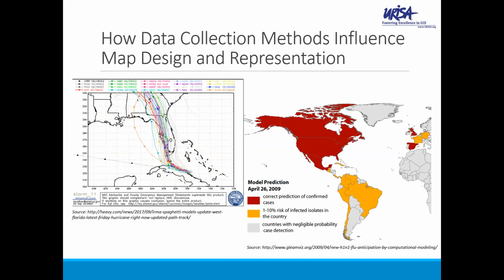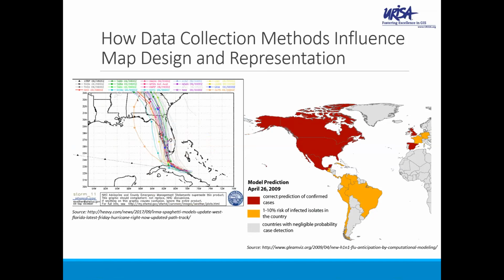The third is how data collection methods influence map design and representation. For this key element, you need to take into consideration the spatial scales at which information should be collected, also how it's compiled, analyzed, and displayed. The 2 graphics in front of you, I think, are a great representation.